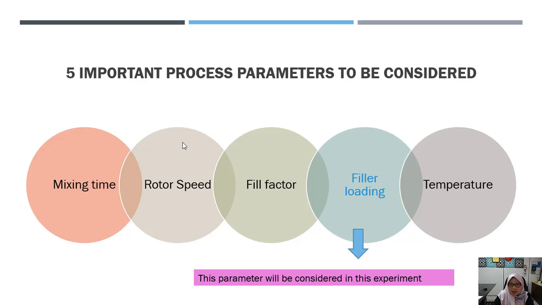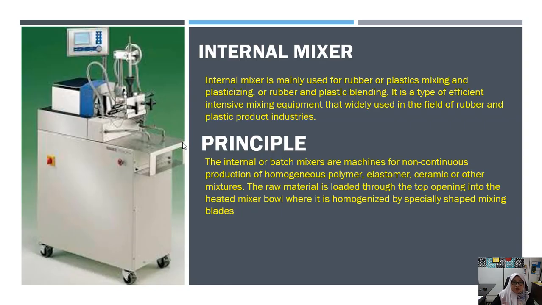The first one is the mixing time, the second is the rotor speed, the third is the fill factor, the fourth is filler loading, and the fifth is temperature. But in this experiment you will take into account the effect of filler loading using batch mixing.